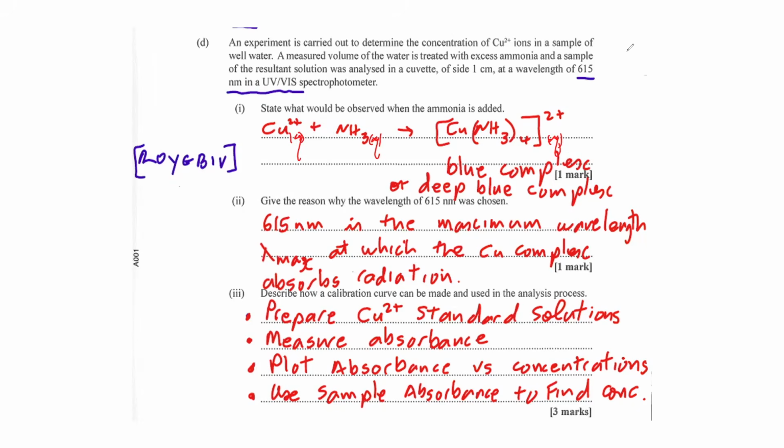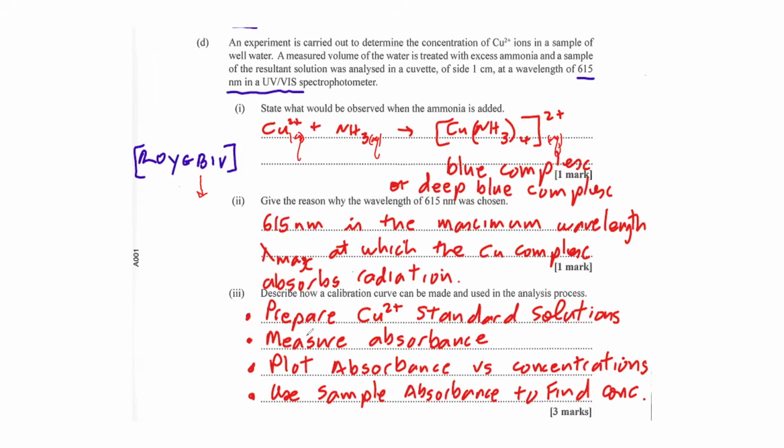Now let me show you the range for the visible region. Here, Roy G. Biv. And so you'll notice that within this region, having a blue complex, that would give us our maximum wavelength. So 615 is the maximum wavelength, lambda max, at which the complex absorbs radiation.